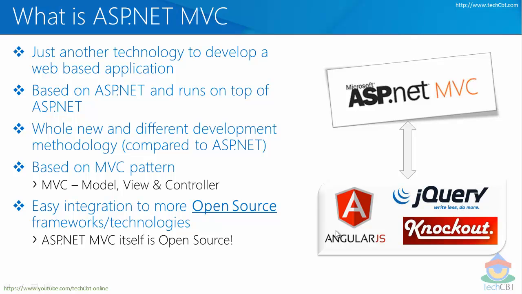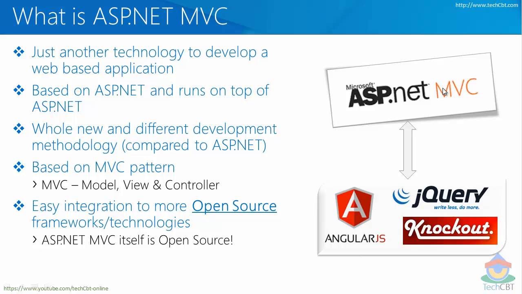So we have AngularJS, jQuery and Knockout, which are themselves not MVC, but AngularJS and Knockout are somehow related to the MVVM framework. But jQuery is not. jQuery is something related to the DOM, that is the Document Object Model, and AJAX communications and so on. No MVC or MVVM is available as part of jQuery, but still it can integrate with ASP.NET MVC.